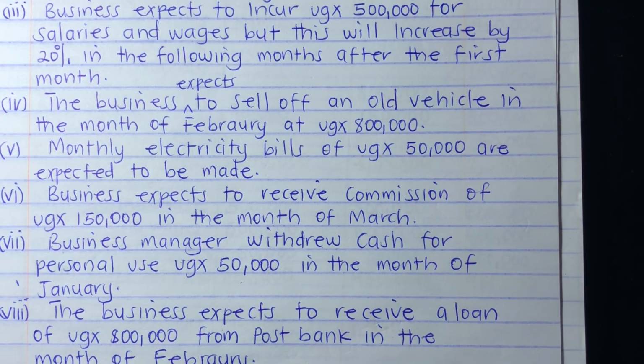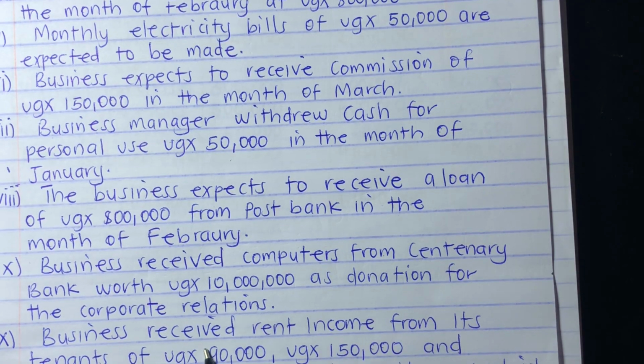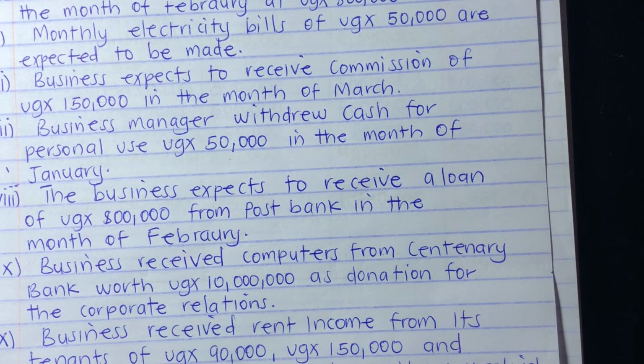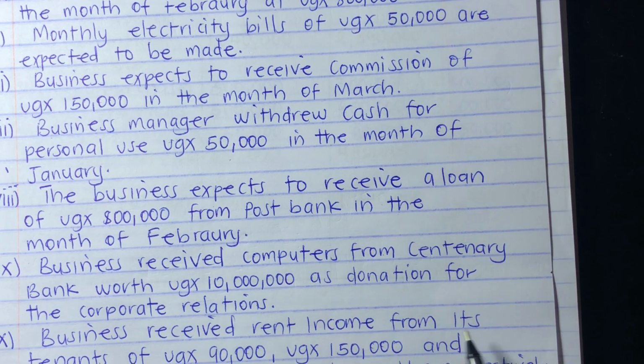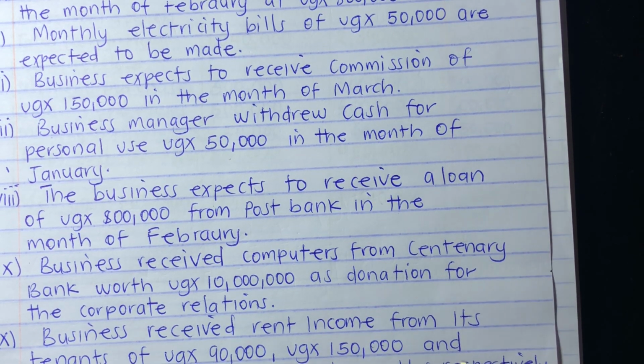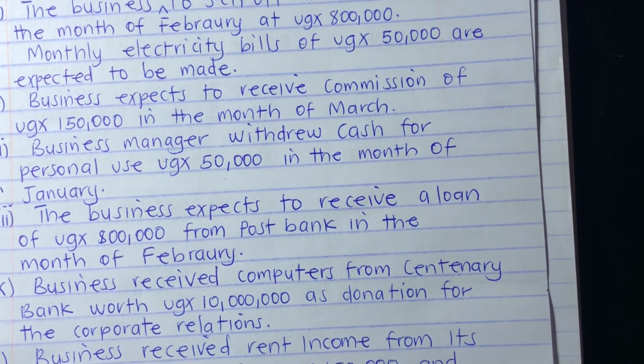Then Roman 10, business received rent income from its tenants UGX 90,000, 150,000 and 300,000 in different months respectively. Meaning the business is receiving money from its tenants, so it is a cash inflow.